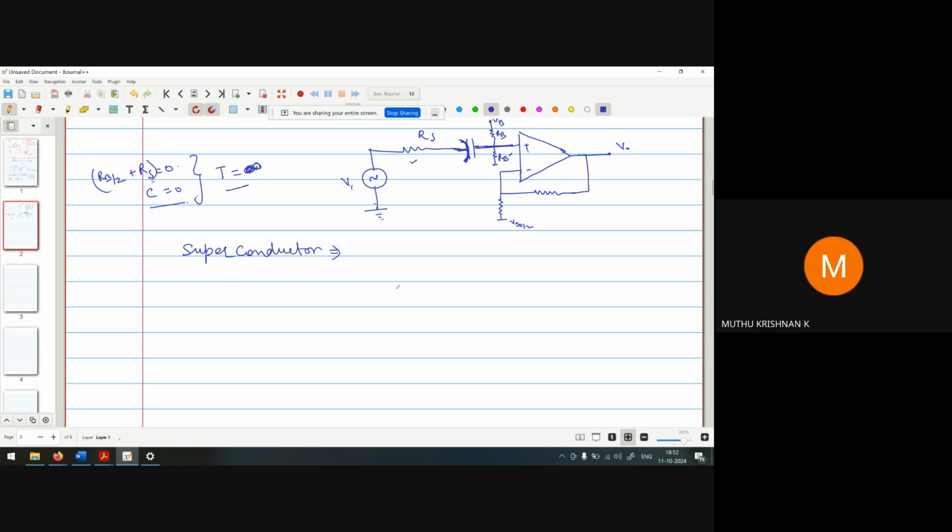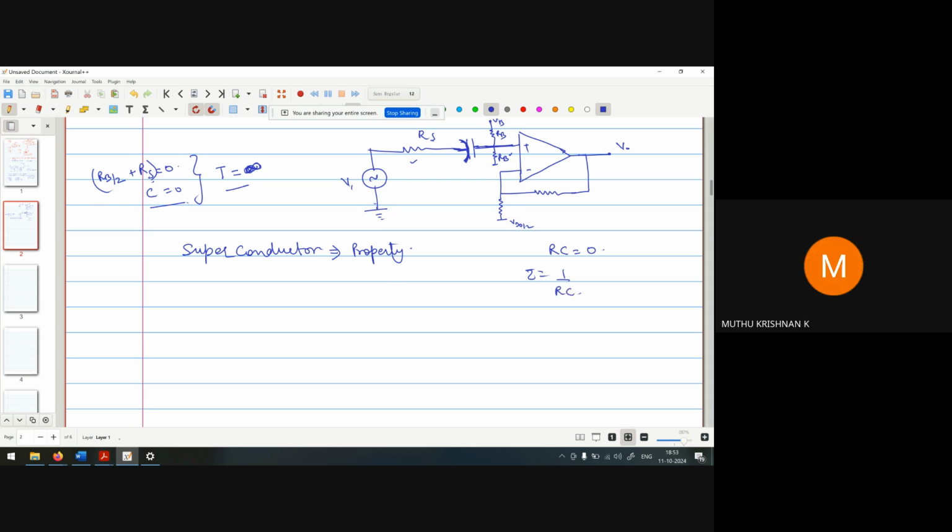Sir, but here the time constant also should be 0, right? Why? R into C, so 0. RC is 0 and time constant tau is equal to 1 upon RC.